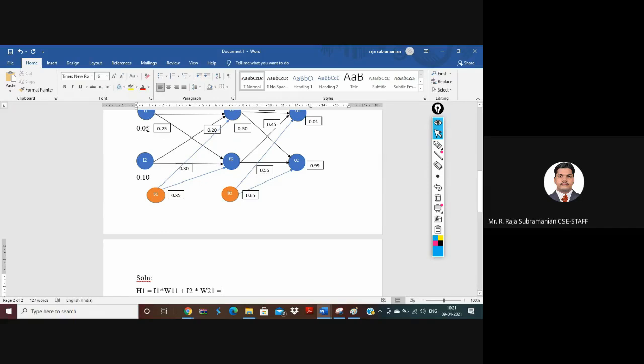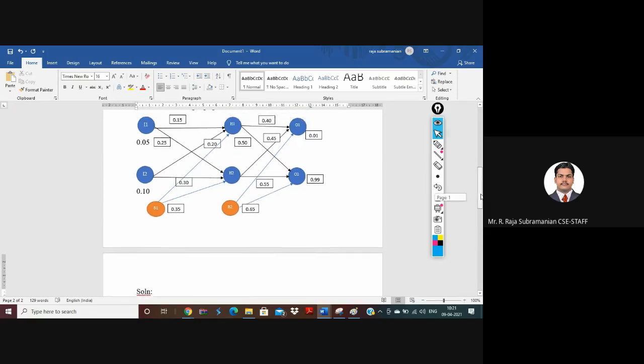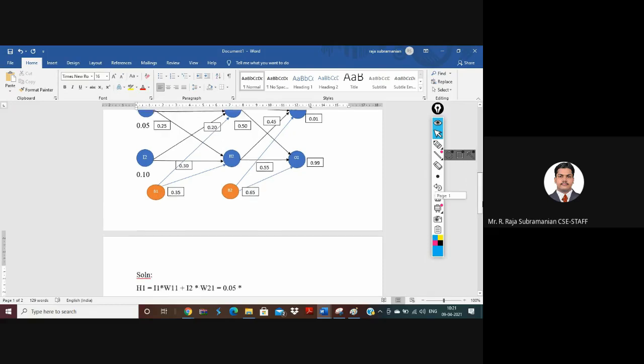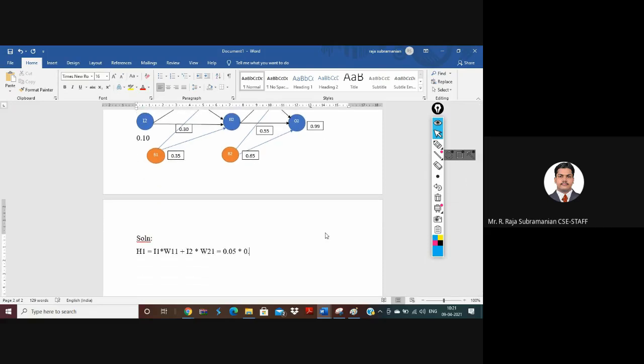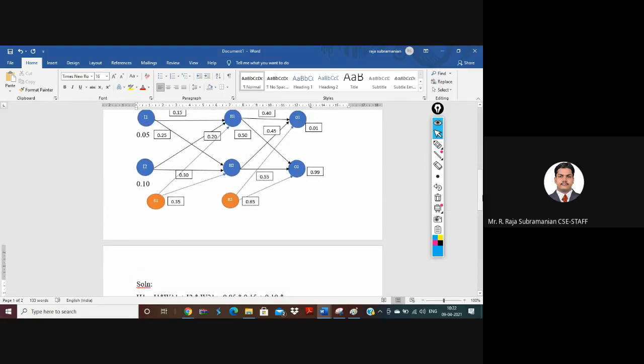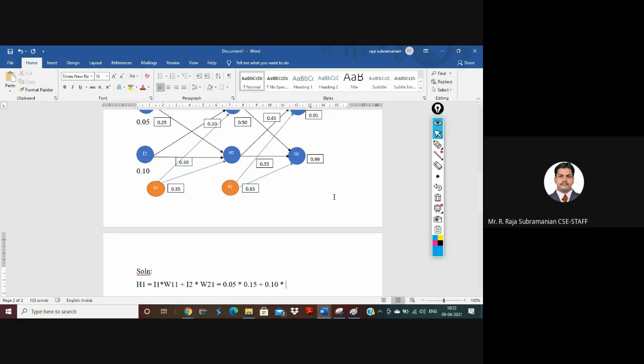This is 0.05, so 0.05 into, what is W11? W11 is 1 to 1, that is 0.15 is the weight. So what is the value here? 0.15 plus what is I2? 0.10 into W21. What is W21? 0.20.